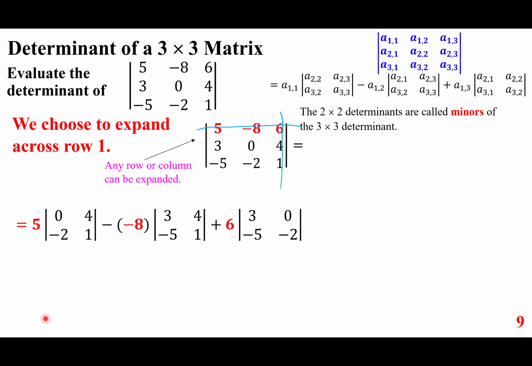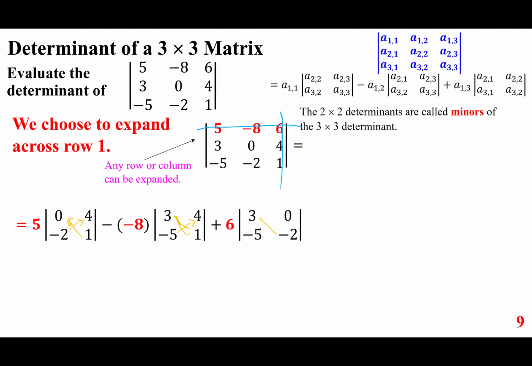And in each case, we have a cross product. In this case, it is 0 times 1, which is 0, minus negative 8. In this case, 1 times 3 is 3, minus 4 times negative 5, minus 1.